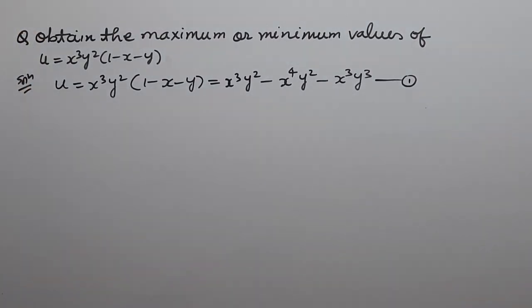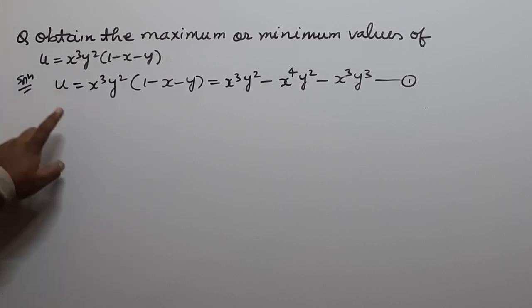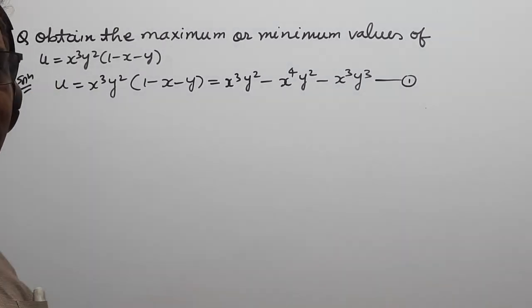For finding the maximum or minimum value of a function of two variables, first we find the partial derivatives of u with respect to the independent variables x and y.